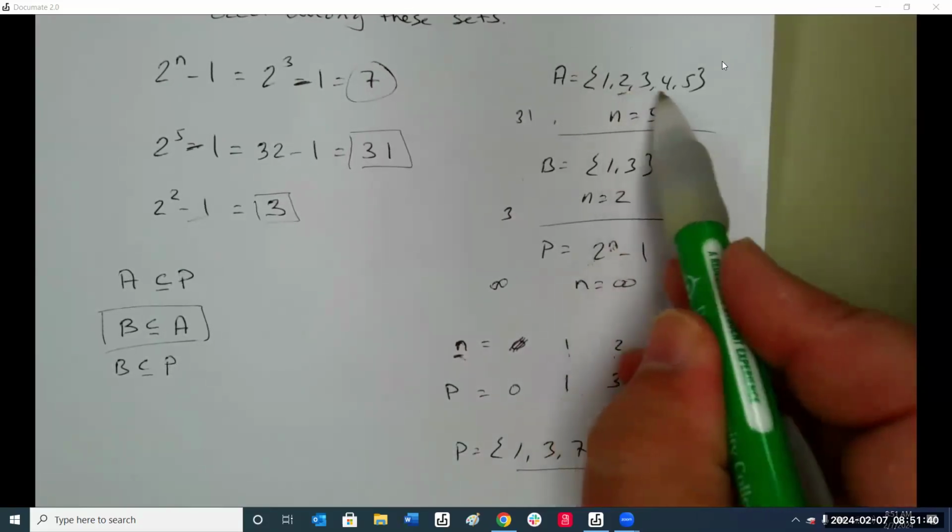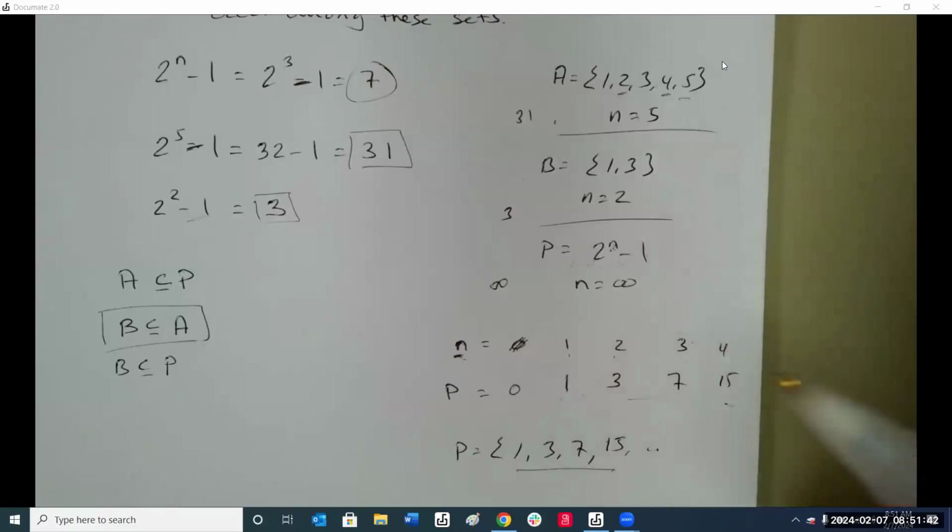No, it doesn't have a 2 or a 4 or a 5. So A is not a subset of P because it has elements that P doesn't. B is a subset of A, 1 and 3. B is a subset of P, and those are the only ones we have.